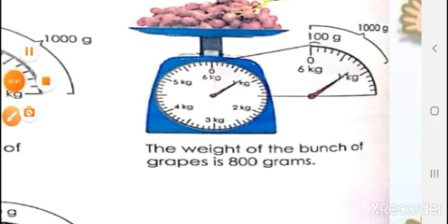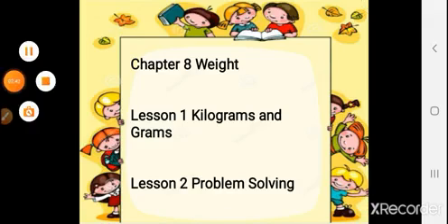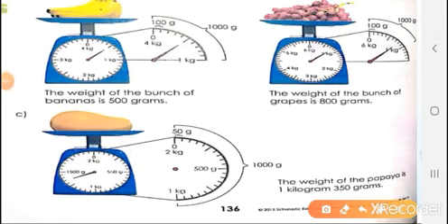Let's go towards the next example. Now if you look at the same page and look at picture C, can you tell me how the scale is different from the scale in B?